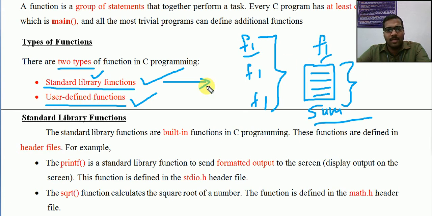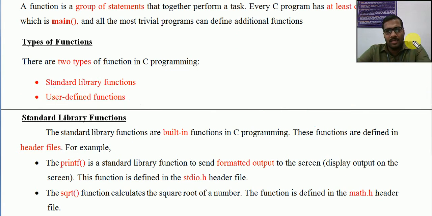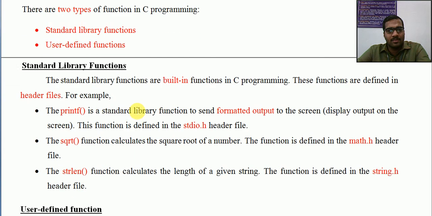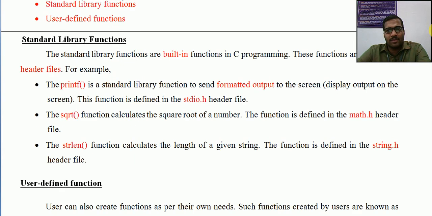Okay, so I have already given some idea regarding standard library as well as user defined functions, but again let us see the two categories once again. Library functions are built-in functions. As I have already mentioned, they are stored in various header files. Some examples are printf. It is used for formatted output, just for printing the output on the screen.